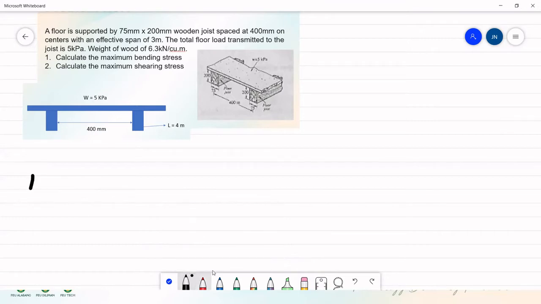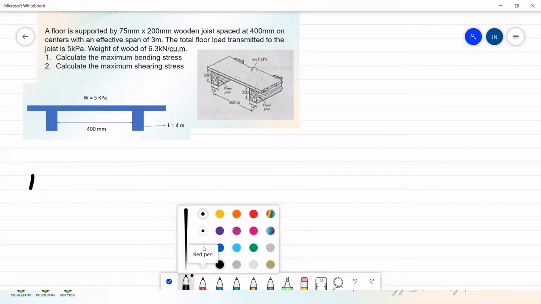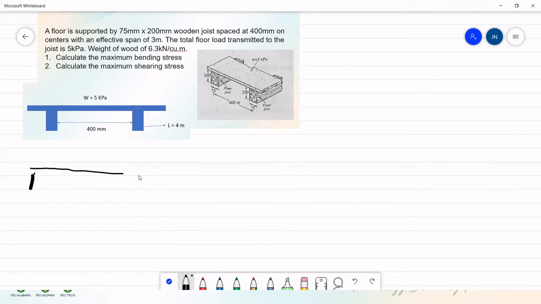This is the beam. We said earlier, the span of the beam is equal to 4 meters. Now we are going to identify what would be this load.